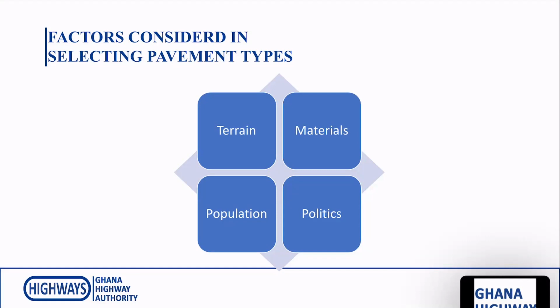That will escalate the cost of the construction. So it's very important to use materials which are close by. Secondly, the population. Now, you cannot have unpaved roads in highly populated areas. That comes into play. And finally, politics. That we cannot run away from. Politics comes into selecting the pavement types for any road pavement that you want to design.